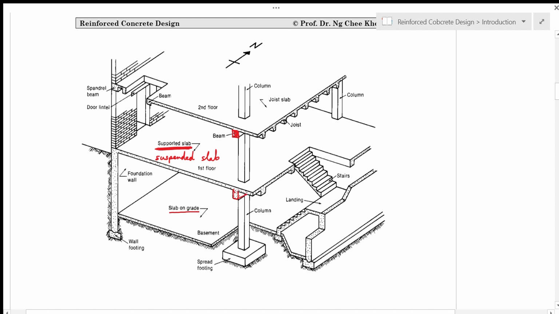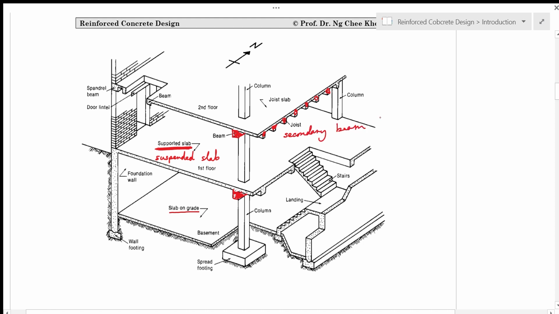This is your beam here, this is your beam on the top floor, and this is the beam at the bottom floor. On top of that, we also have some smaller beams over here, which we call joists, or sometimes secondary beams.